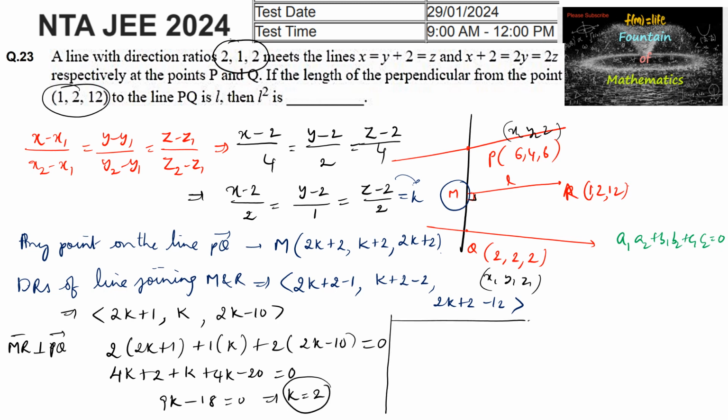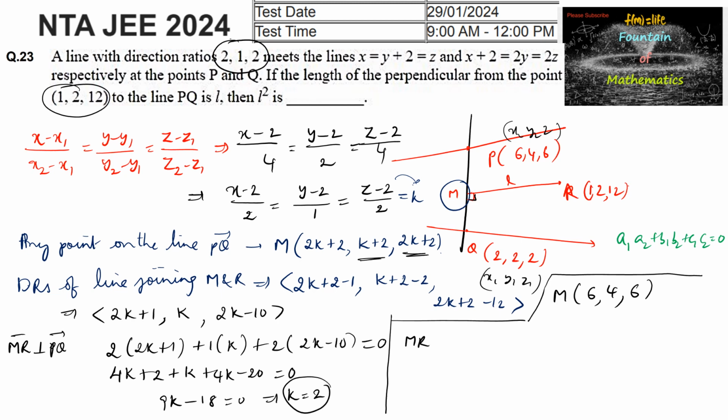So the point M can be taken as 2 into 2 plus 2, that is 6, and the value of k plus 2 is 2 plus 2, 4, and 2k plus 2 is again 6.